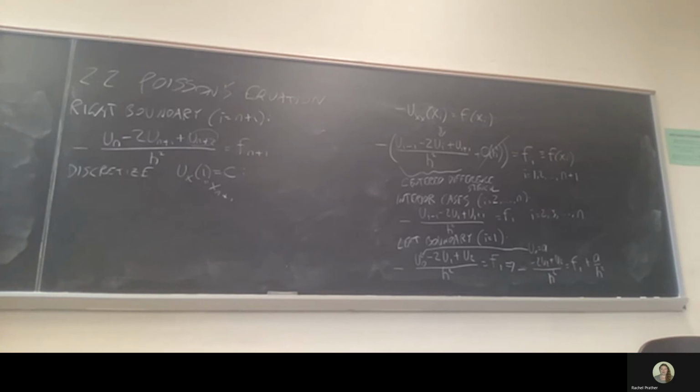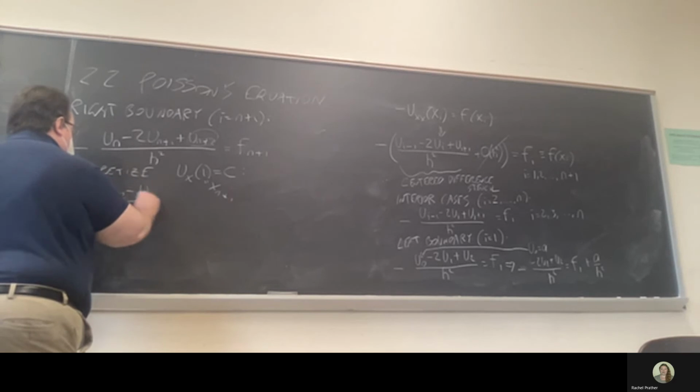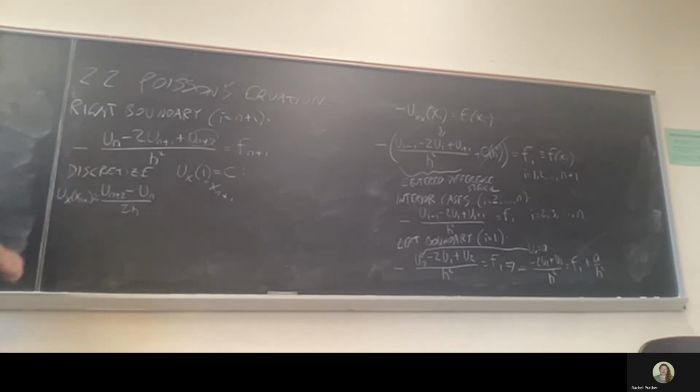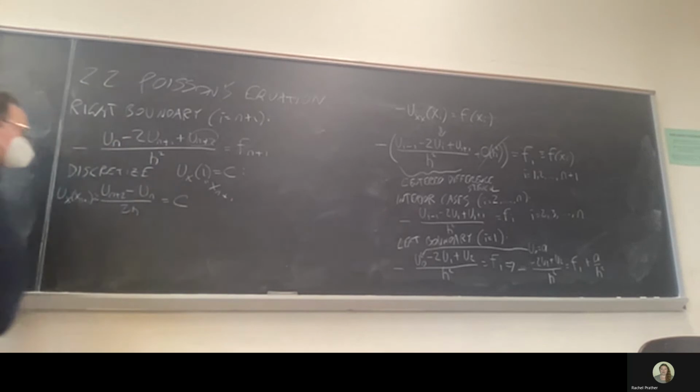Well, we can approximate a derivative using neighboring points. So we get u_{n+2} minus u_n over 2h, which is an approximation of du/dx at x_{n+1}, and that is equal to c.